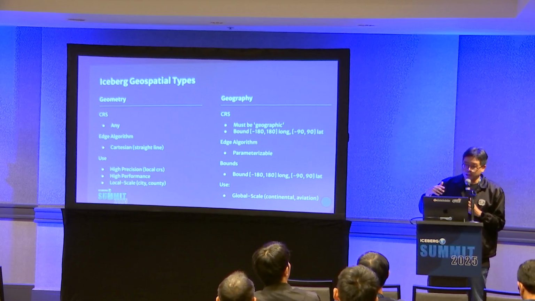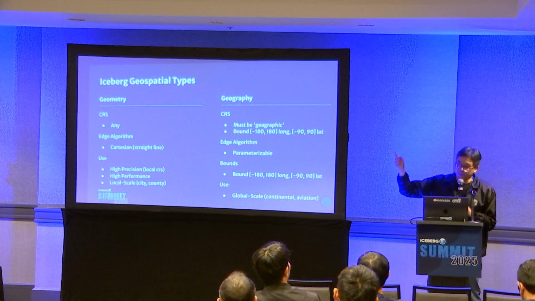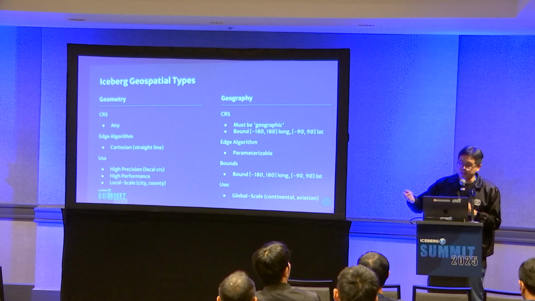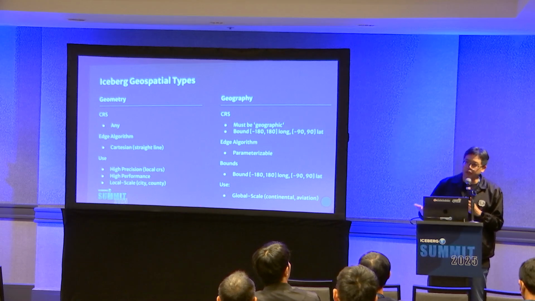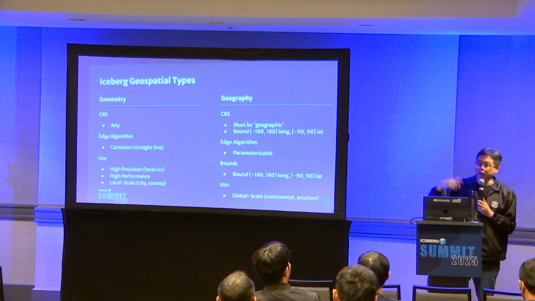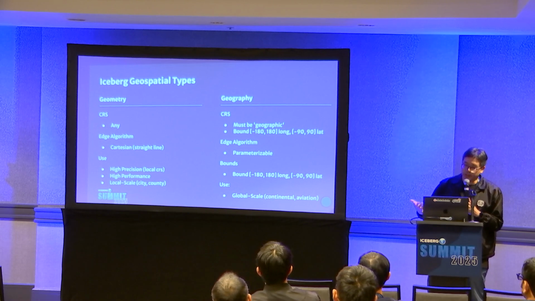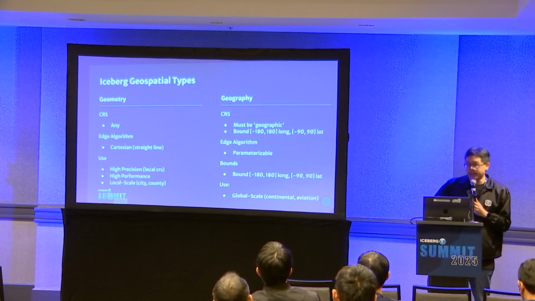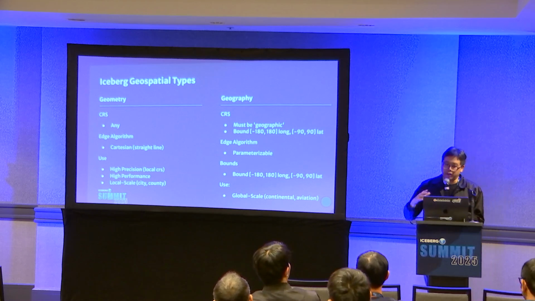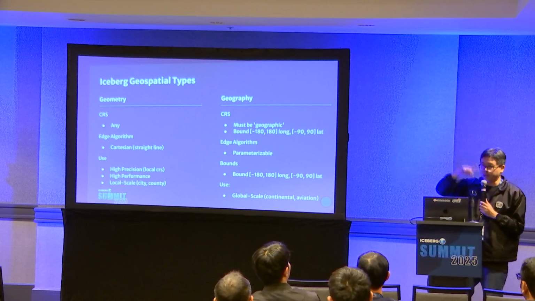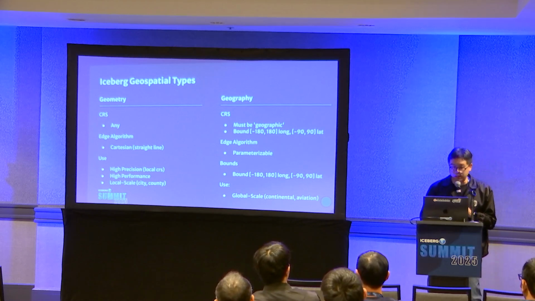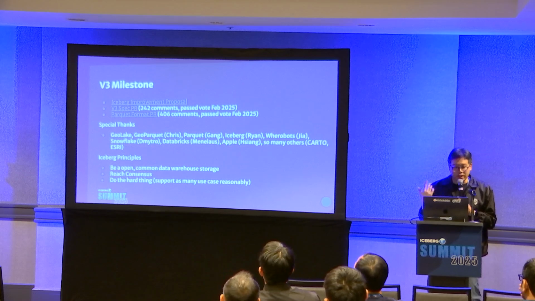If you want to do more global scale edges, like for example, you're tracking aviation data or shipping lanes, then you want to use geography type. And yeah, there will be some performance hit because computers take a little longer to calculate spherical edges than straight lines. But at the end of the day, I'm really happy to get this.